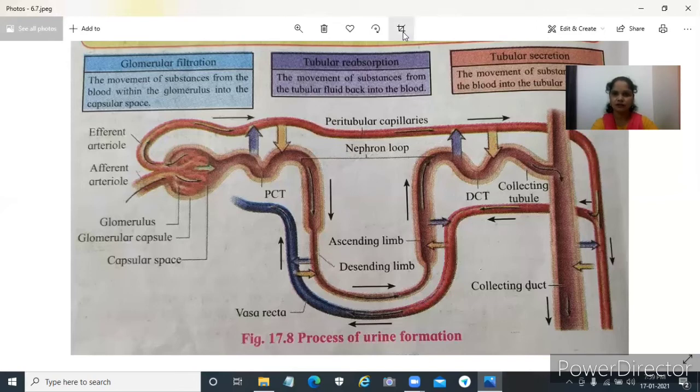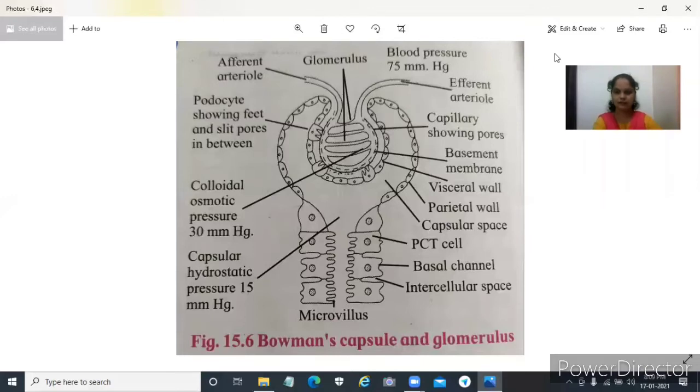So let's learn briefly the first point, ultrafiltration or glomerular filtration. Ultrafiltration is a passive process. It occurs in the Malpighian body, which means the Bowman's capsule along with the glomerulus.